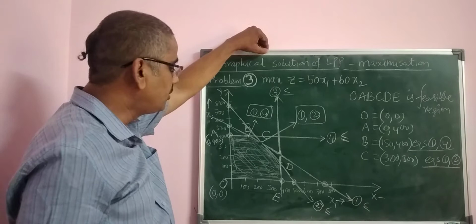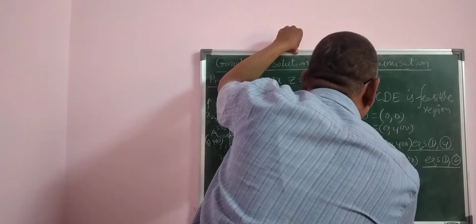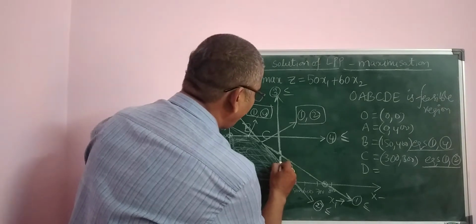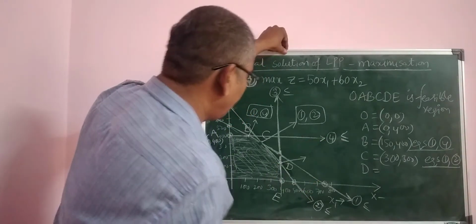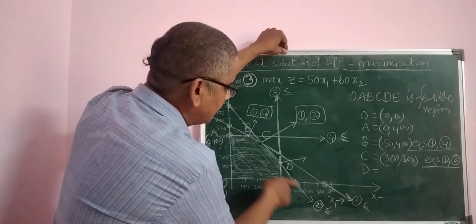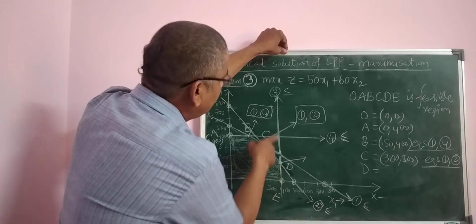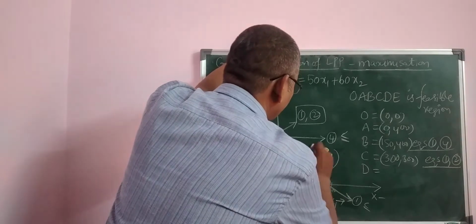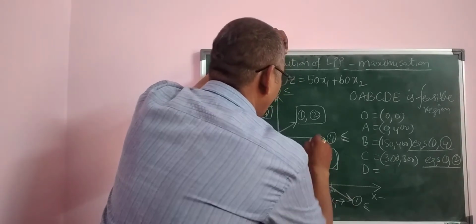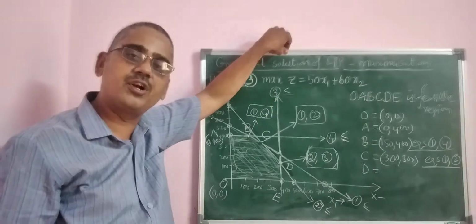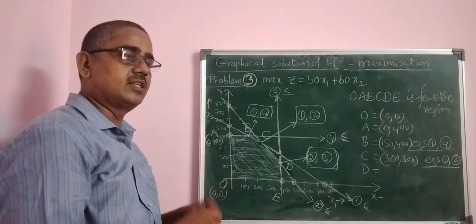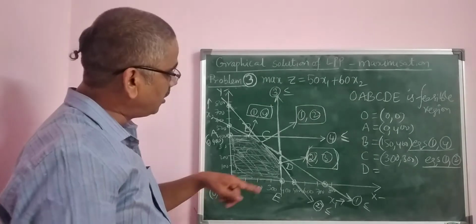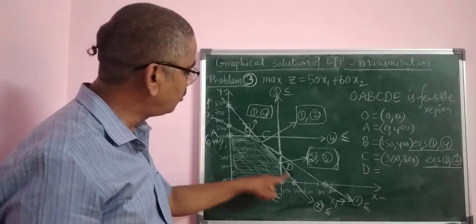And point D is going to be obtained by solving equation 2 and equation 3. Point D is an intersection point passing through lines 3 and 2.